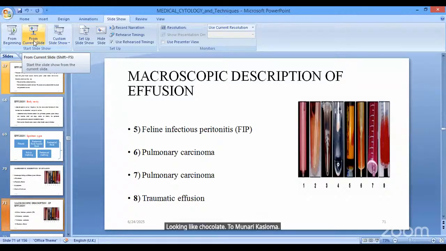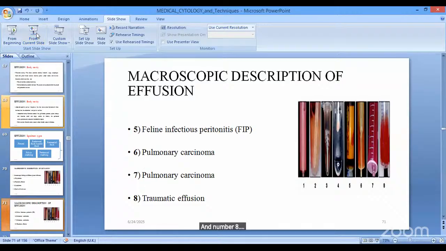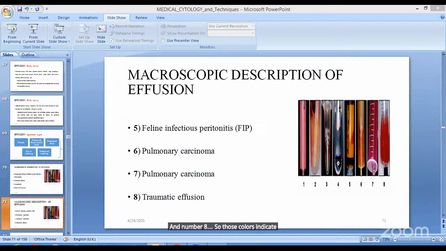And number eight, traumatic effusion. So those colors indicate different clinical conditions. So that's what this table has summarized. Different colors and what they are in transudate and the diseases that they indicate.